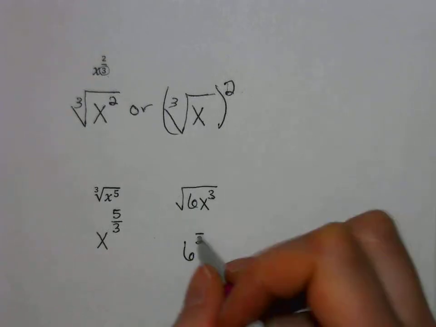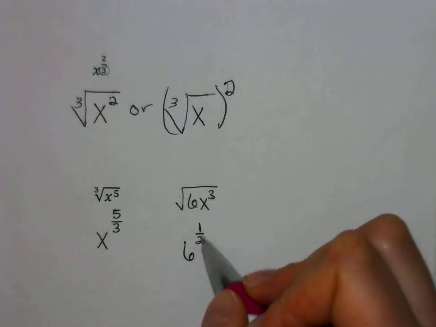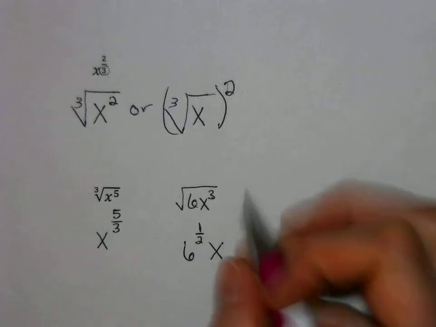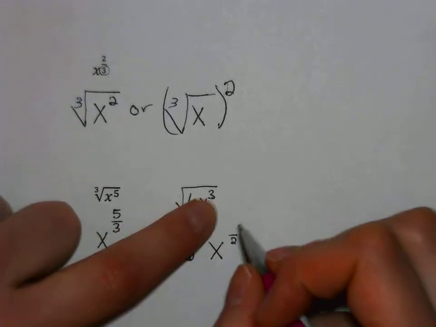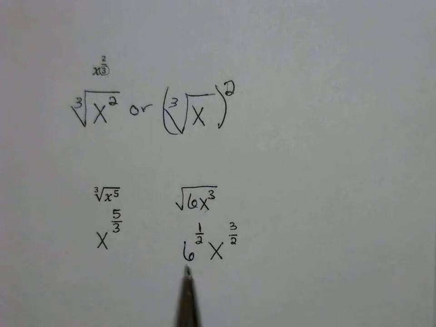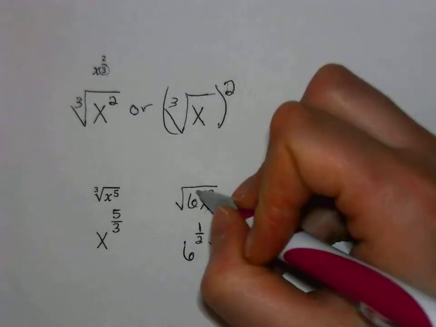So this is 6 to the 1/2 times x. It's still with the square root of 2, but our exponent is a 3. So 6 to the 1/2 times x to the 3/2. So split these up separately. There's an invisible 1 on top of that 6, if that helps.